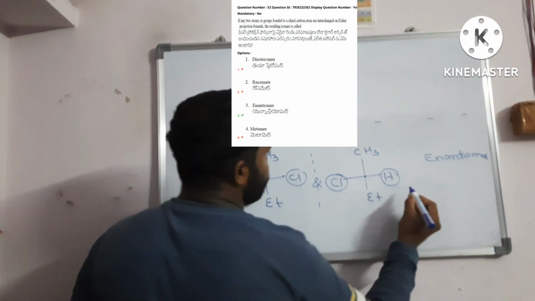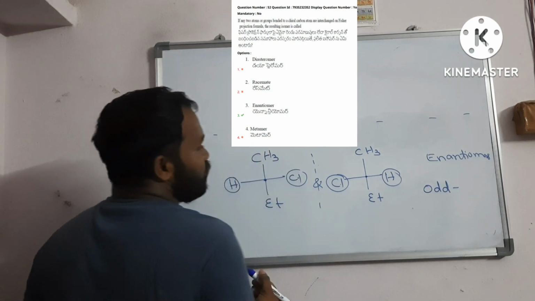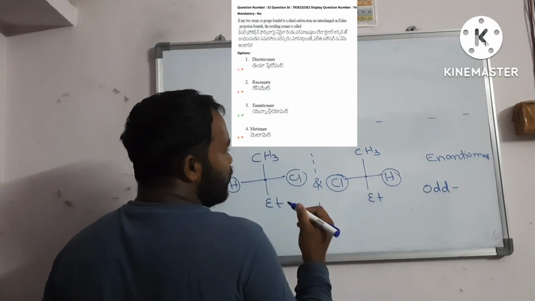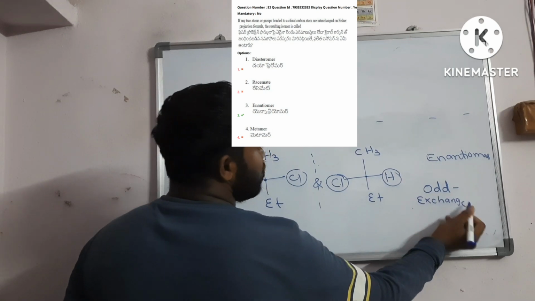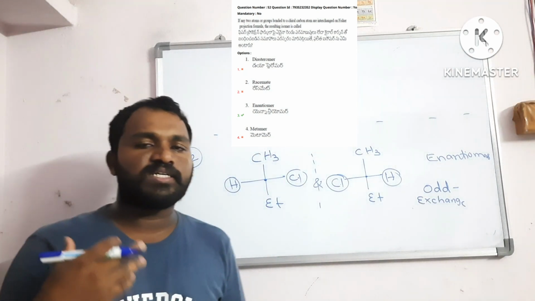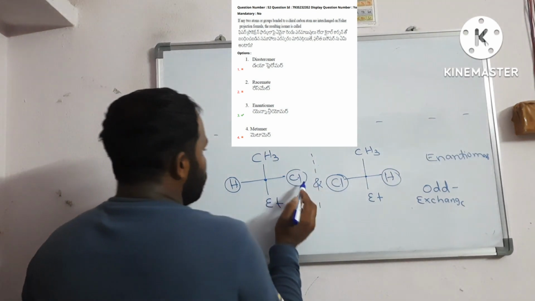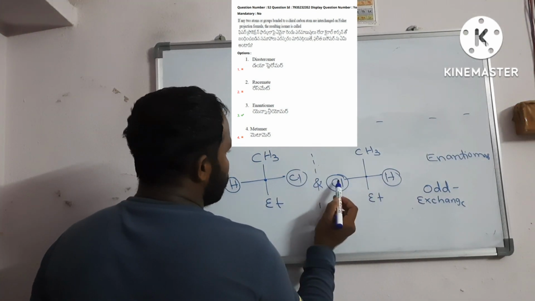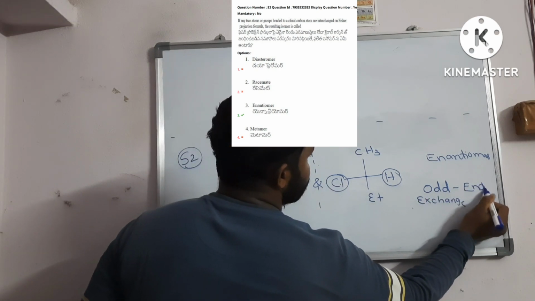So simply you can remember, if you make an odd number of exchanges, meaning only one time, 3 times, or 5 times, then it is called an enantiomer.